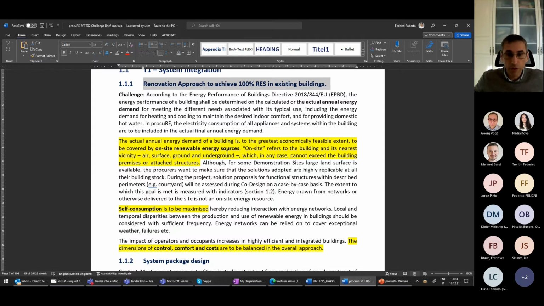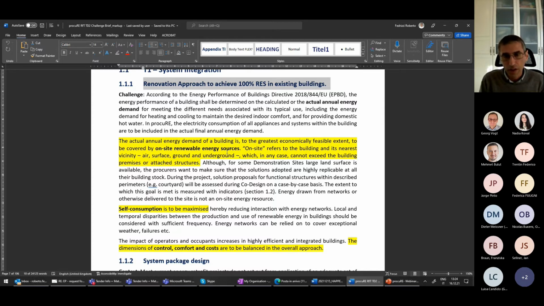In one case, we have no vicinity because the building is set into the city center of a municipality. In another case, the building is an old airport terminal. So you can imagine that the vicinity of this building is the entire airport surface.